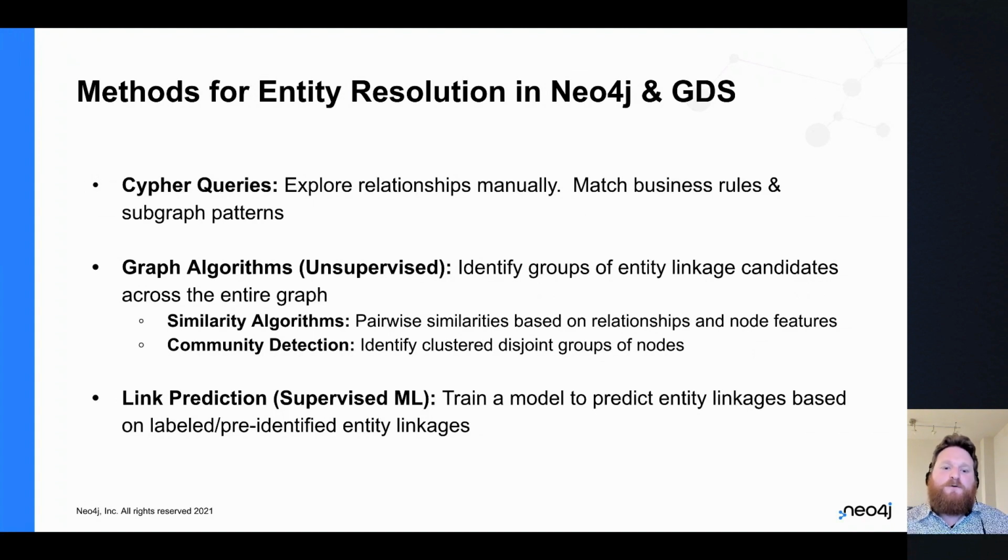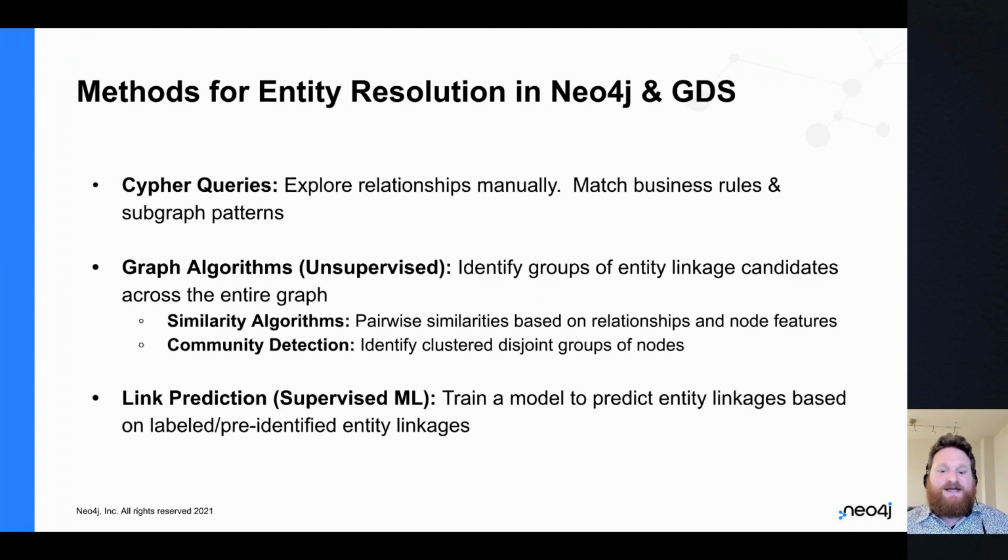So for example, maybe you have some business rules around whether or not two entities share the same phone number or share the same email address. Or maybe if they share multiple identifiers at once, it's a much stronger signal that they may actually be representing the same underlying entity. And so Cypher queries, especially when you're exploring and also when you have a very simple data model, can be useful to apply and scan over the graph and get to an answer.